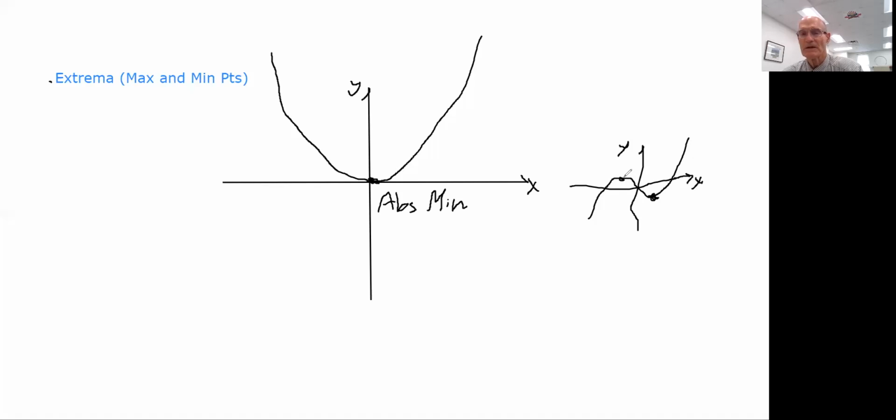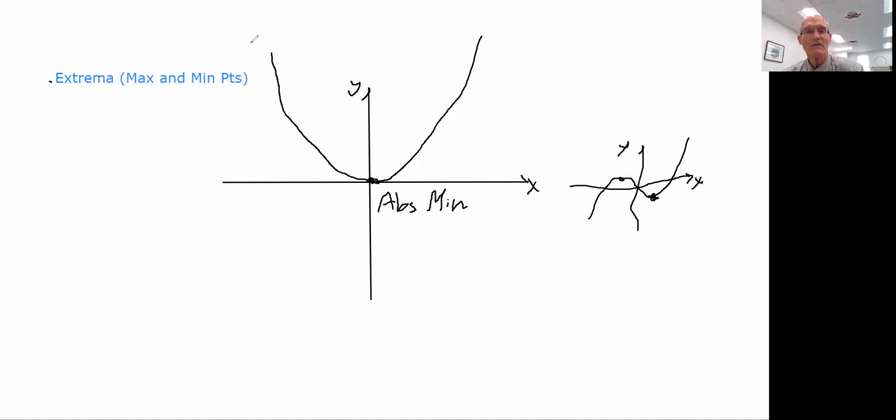So this function would have a local min and a local max, but once again, no absolute max because it goes off to infinity in the first quadrant, and no absolute min because it goes off to minus infinity in the third quadrant, okay?